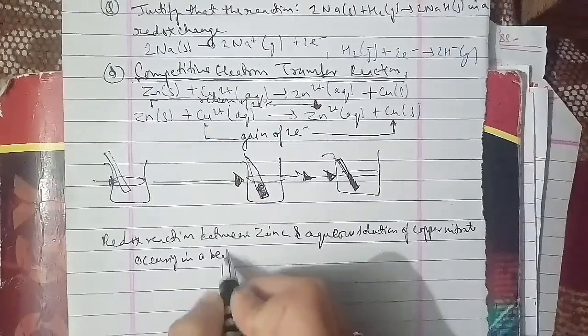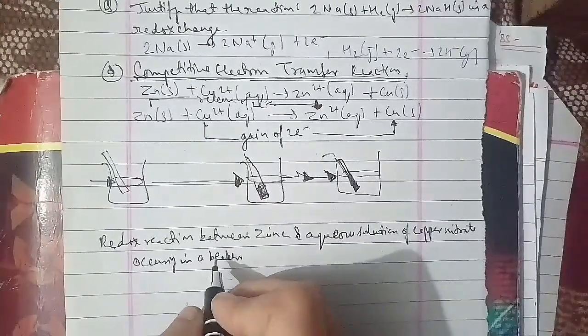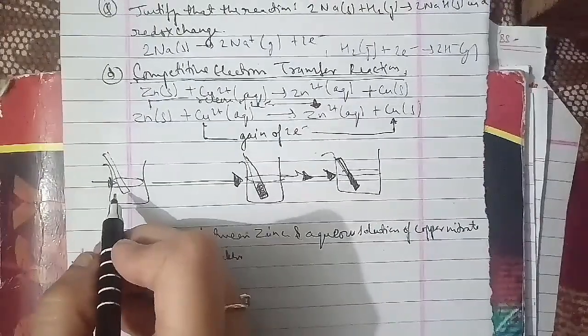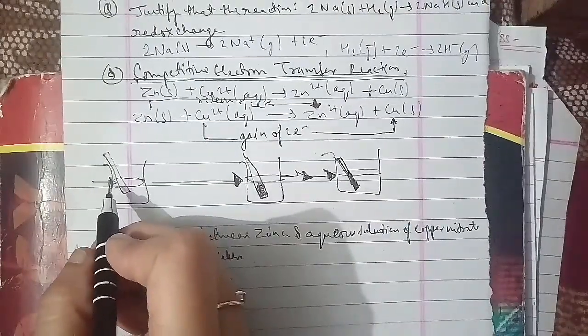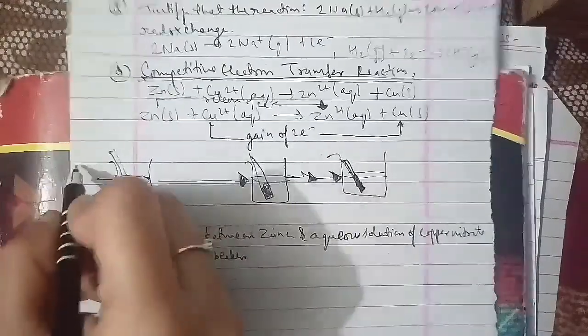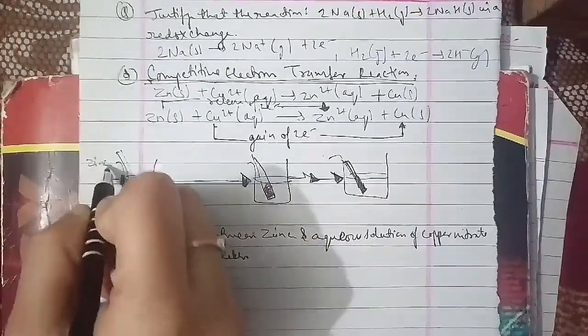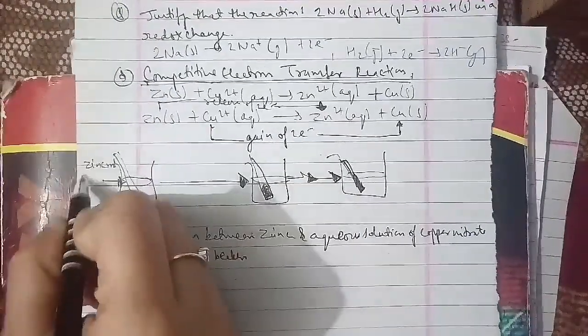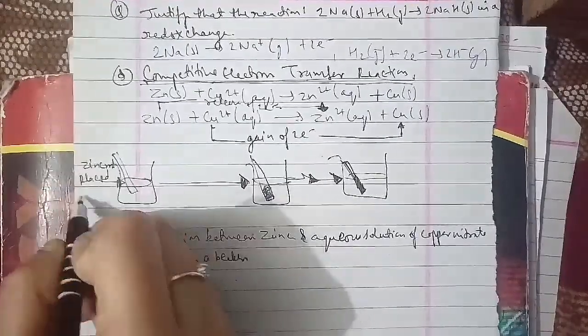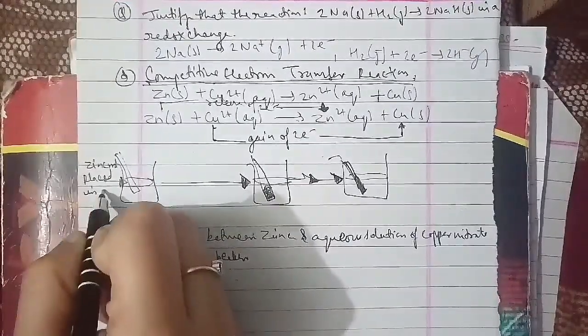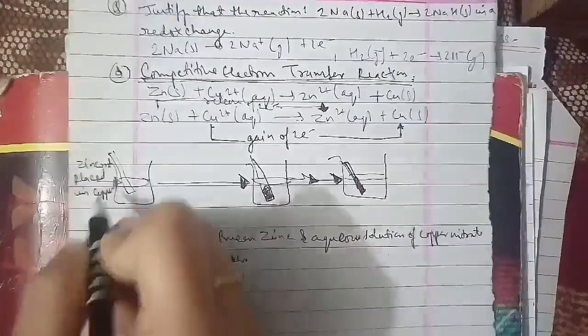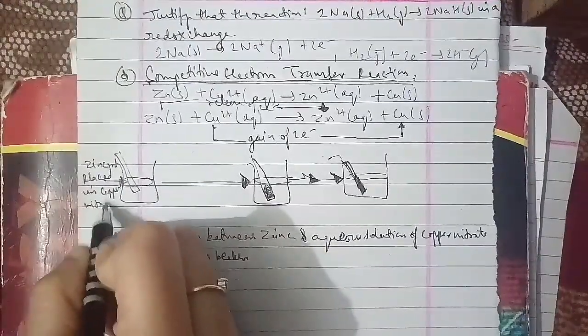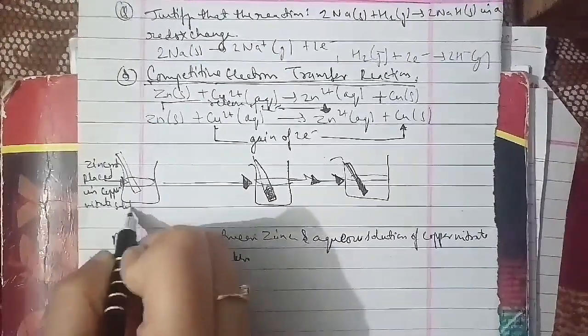So here, this is the zinc rod placed in copper nitrate solution.